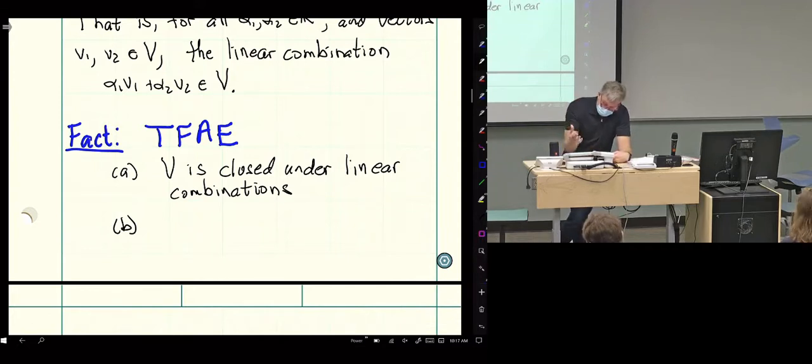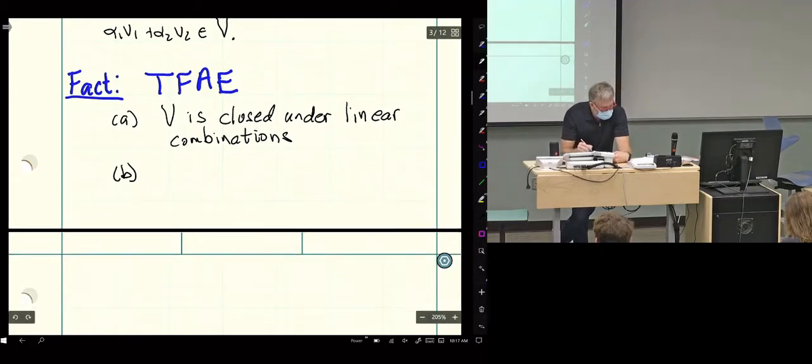That's the definition: any linear combination of elements of V is also an element of V. Or you can break that linear combination down into the elementary operations of vector addition and scalar times vector multiplication. It's up to you. It's completely equivalent.